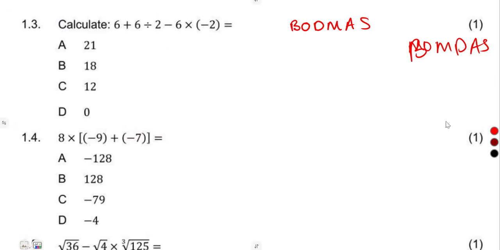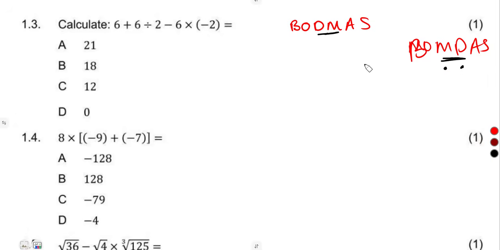Meaning to say division and multiplication can be done at the same time. Someone using BODMAS is going to apply division first, then multiplication. The one using BOMDAS is going to use multiplication, then division after. So this one is either way.